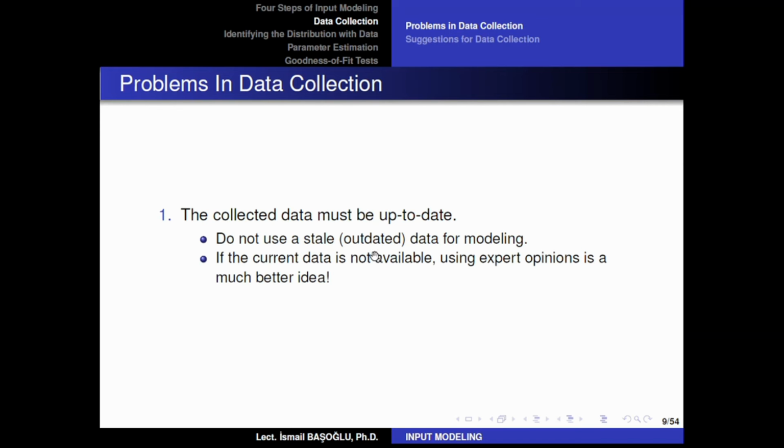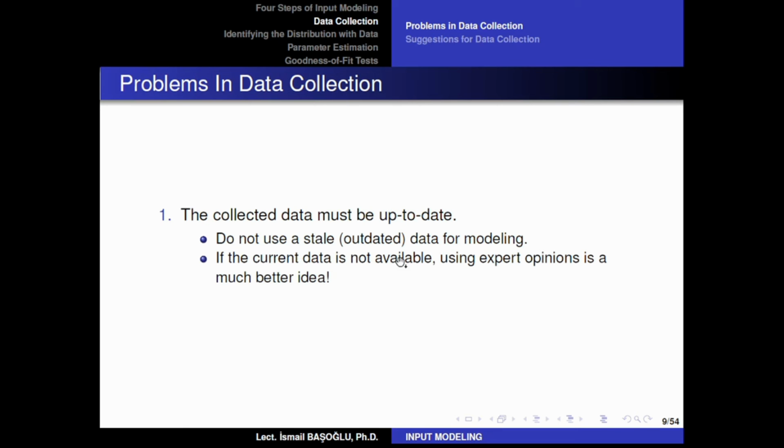So, for example, if you are going to solve a problem related to today in a system, you cannot develop a simulation model based on the data which is collected 5 years ago. The data must be up to date, which means if you are using simulation as a constant methodology to solve problems in a system, you should continue to collect data relevant to the problem.